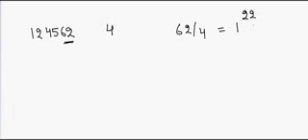In that case I have to look at the last 2 digits and check whether they are evenly divisible by 4. If we try to divide 62 by 4, I get 15, and then I have 2 left. So that is not evenly divisible by 4, and this number cannot be evenly divided by 4.